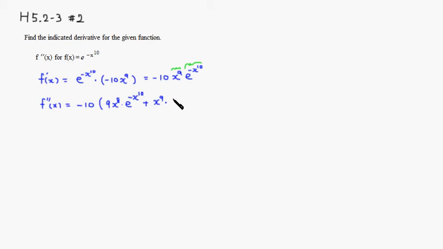So it's going to be a negative 10 x to the 9th power e to the negative x to the 10th power. Right? Maybe I should turn this into bracket right there. Alright, then we just need to clean up a little bit.